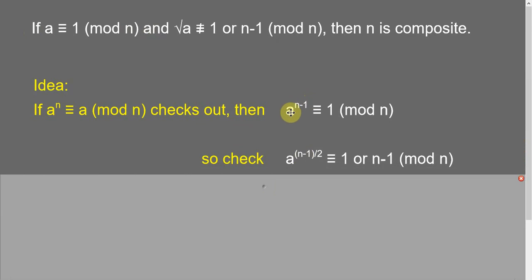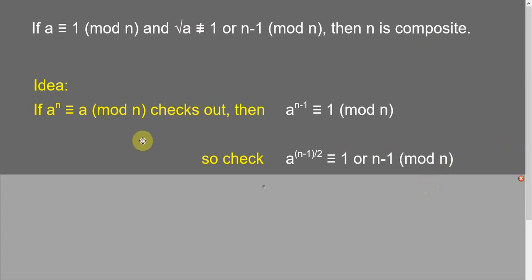Well, if you take the square root of A to the n minus 1, so A to the n minus 1 to the 1/2, basically it's A to the n minus 1 over 2. And so you look at that, and if that's congruent to 1 or n minus 1 mod n, we're still in business. We might still have a prime. But if it's not, then this will tell us that our n is definitely composite.